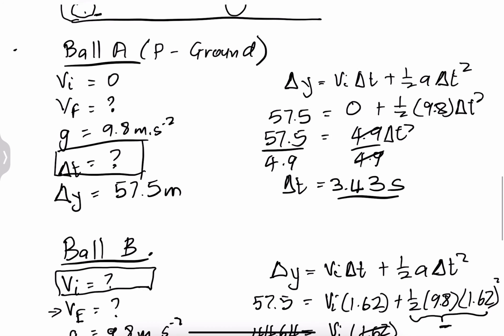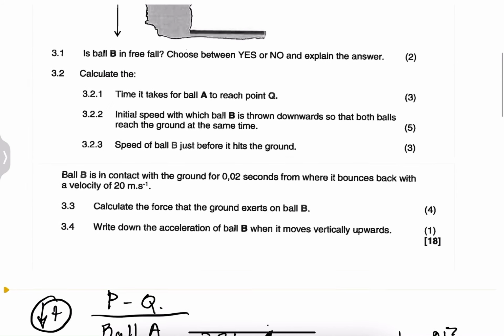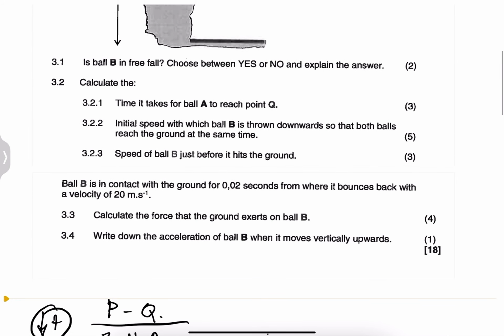So it started here, 3.2.2, and this was 3.2.3, right? Okay, so let's go on to the next question. Now, they say ball B is in contact with the ground for 0.02 seconds from where it bounces back with a velocity of 20 meters per second, right?